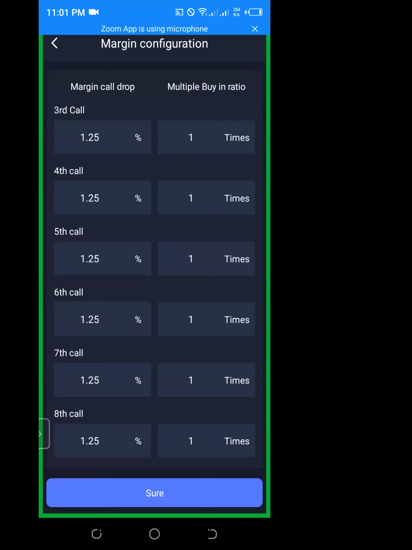Another thing, guys, when you set 80 margin calls, it's not a must that the robot is going to buy all of them. Sometimes I can give you a drop of 20%, then the coin drops by 5%. It is okay. Sometimes I can give you a drop of 10%, then it drops by 15% or 20%.